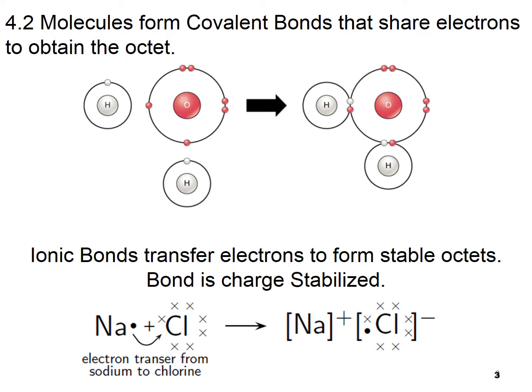It's a 2s2 2p6 octet. And as a result, they both reach an octet. Now, there is no true bond holding these things together, but we say they're charge stabilized, which means the two charges attract each other and NaCl stays together even though there isn't a true shared bond.